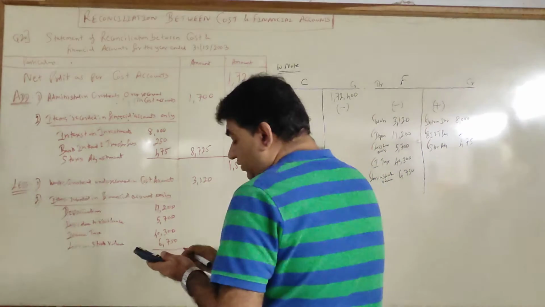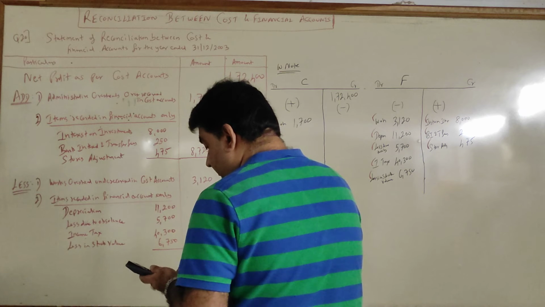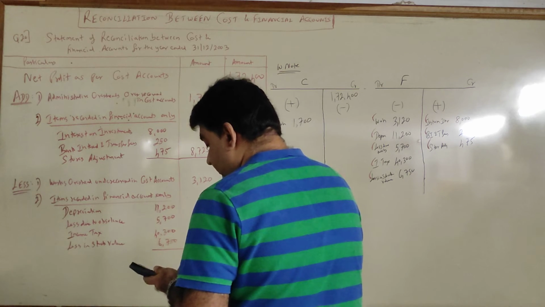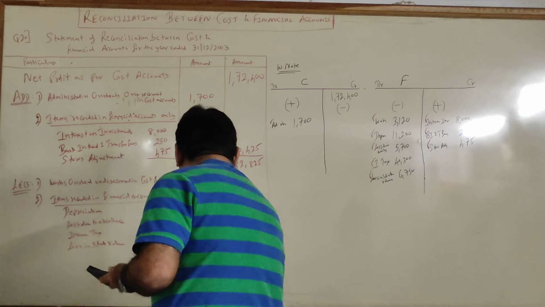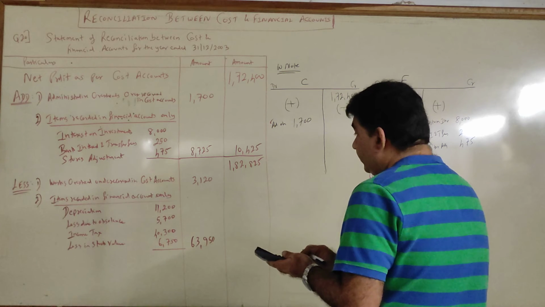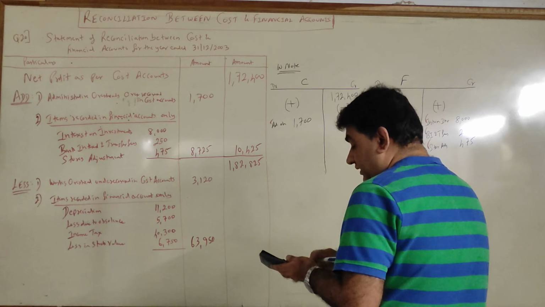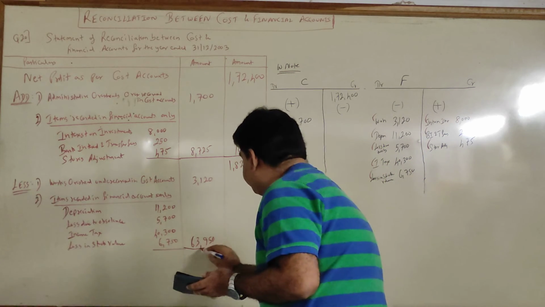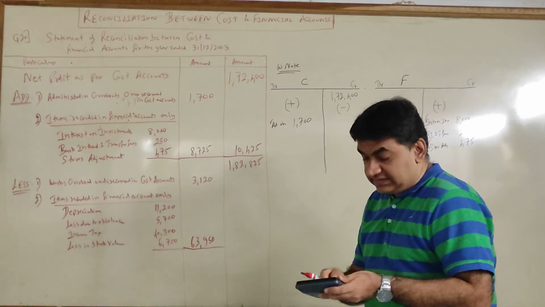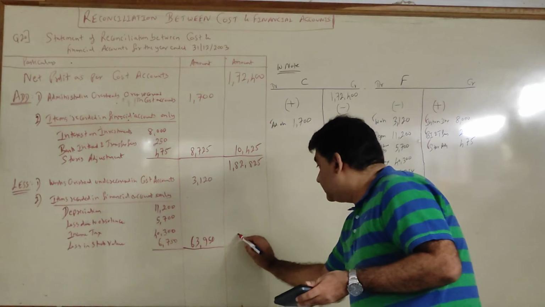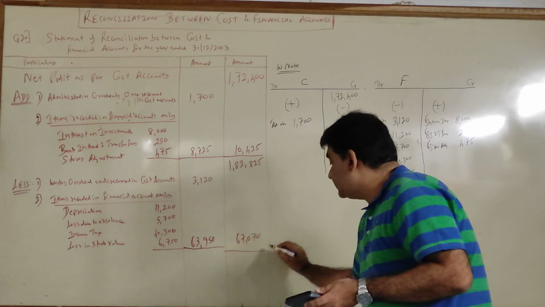Now let's do the same thing. Take the total. 11,200 plus 5,700 plus 4,300 plus 6,750 gives you 63,950. 11,200, 5,700 plus 4,300 plus 6,750, 63,950. 3,120 plus 63,950 gives you 67,070.